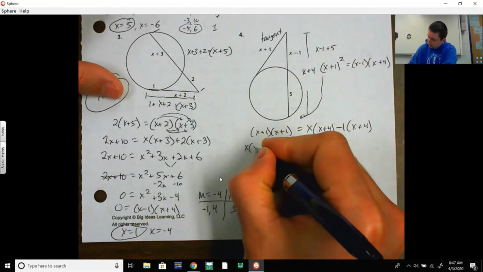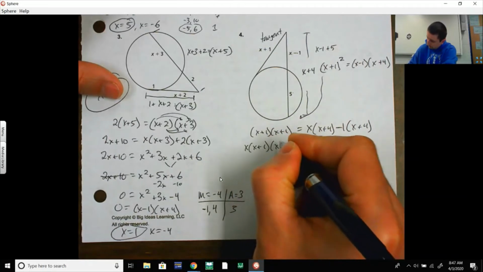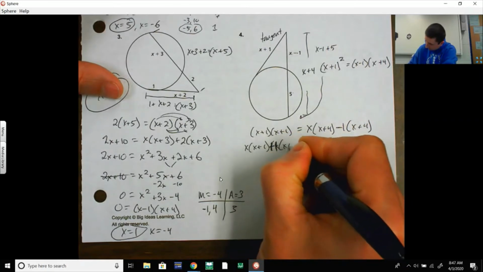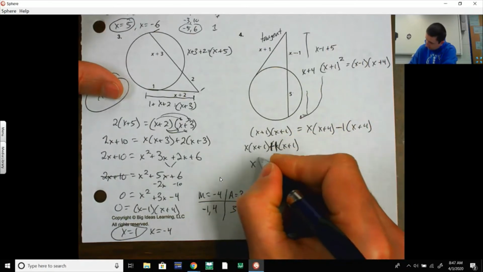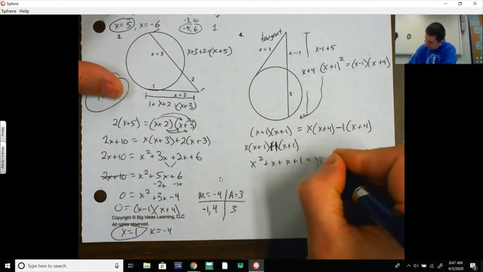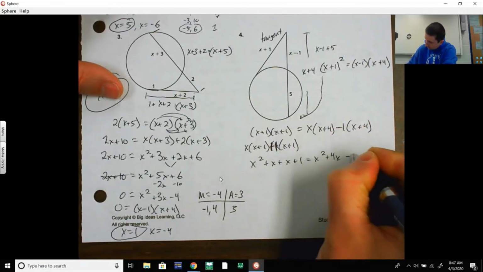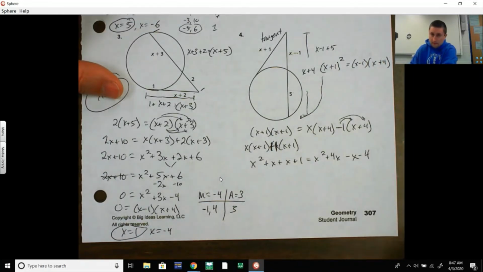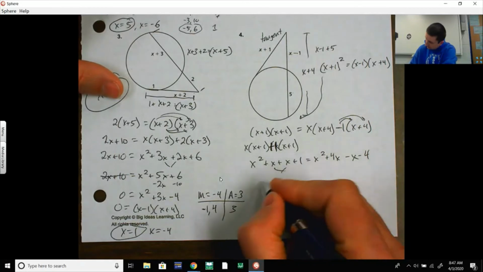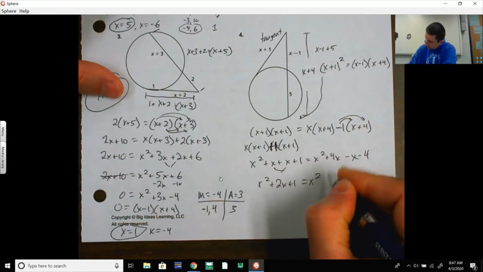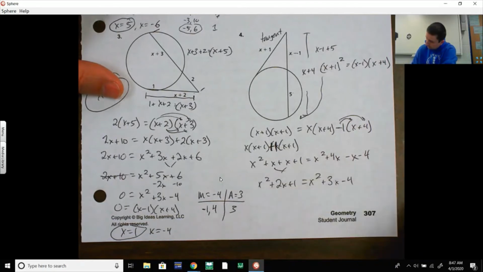So that's x squared plus 1x plus 1x plus 1 equals x squared plus 4x minus 4. Distribute that negative 1 through there. So x squared plus 2x plus 1 equals x squared plus 3x minus 4.